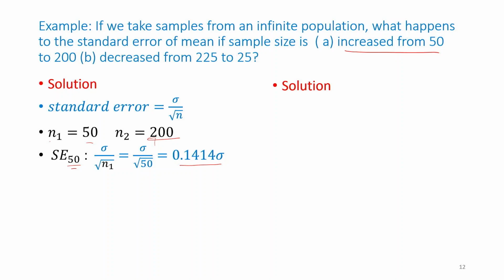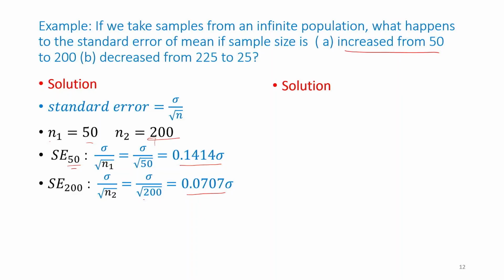Sigma has not been given, so we keep it as sigma. And SE 200, SE stands for standard error, when the sample size has increased, with the simple formula sigma by root n2, sigma by root 200, you get the figure 0.0707.